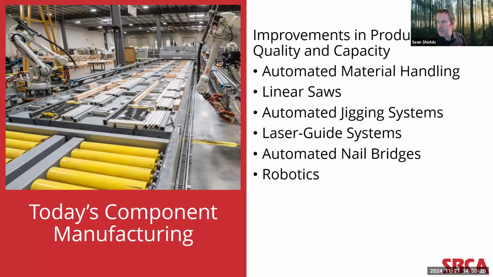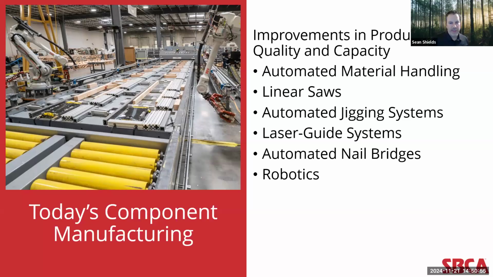They used to all have to be moved manually, and that was a time-consuming process. There's also laser-guided systems which show fabricators exactly where these connector plates need to be placed, where each lumber member is placed to ensure that each joint is as tight as possible. There's even things like automated nailing bridges for wall panels and, of course, robotics.